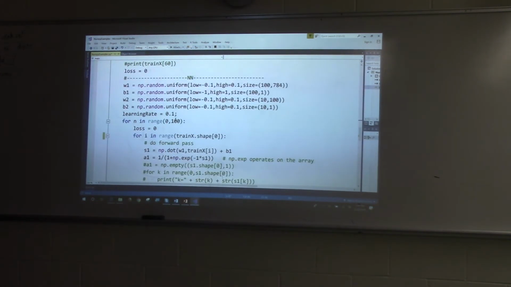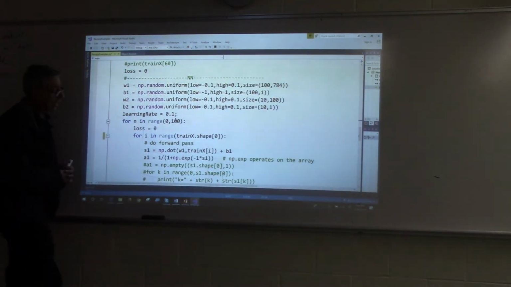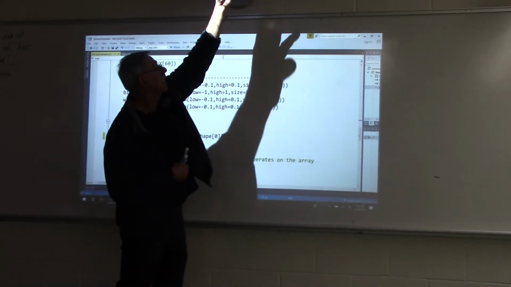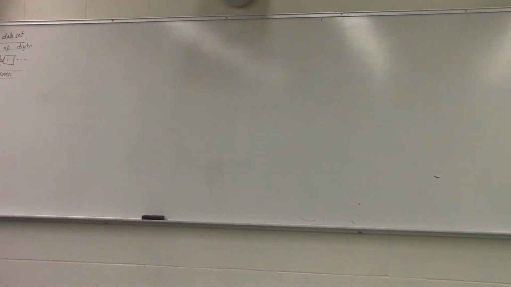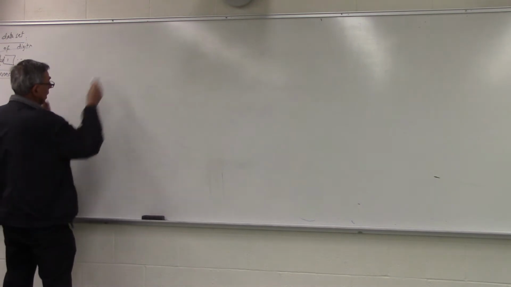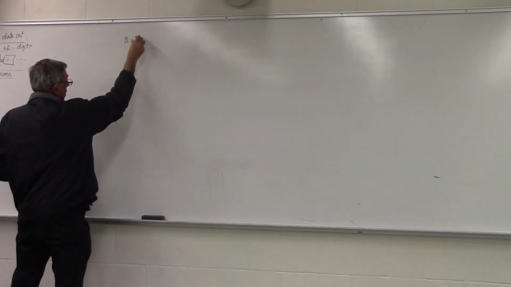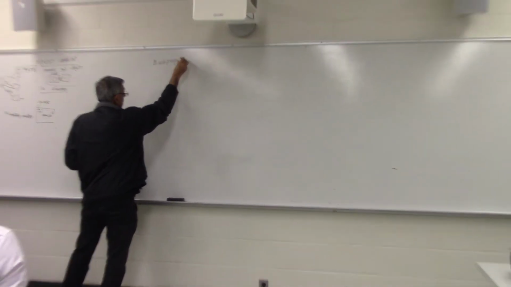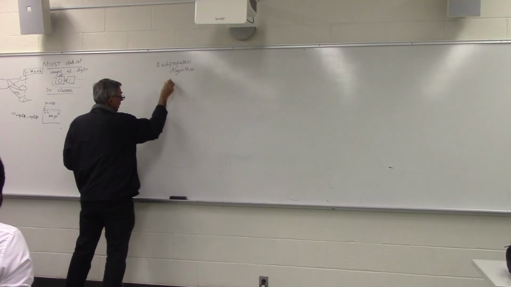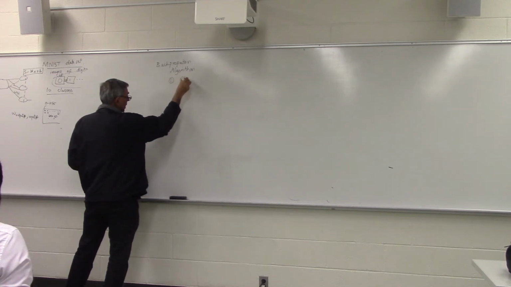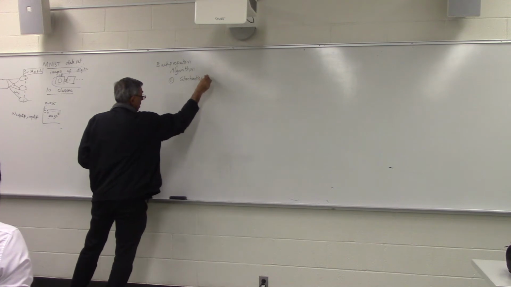So now let me talk about 3 variations of the training algorithm, and then I'll come back to this in a minute. Let me give you the idea first. As far as the backpropagation algorithm is concerned, there are 3 variations of it. One is called stochastic gradient descent.